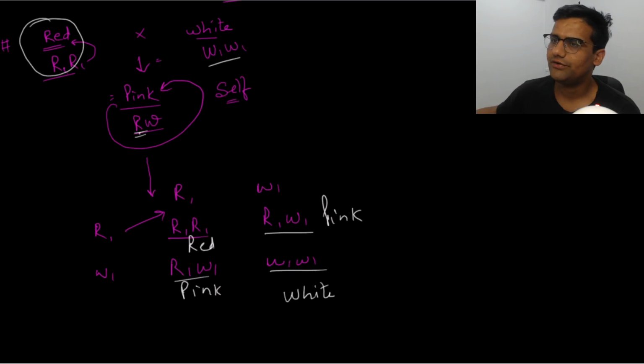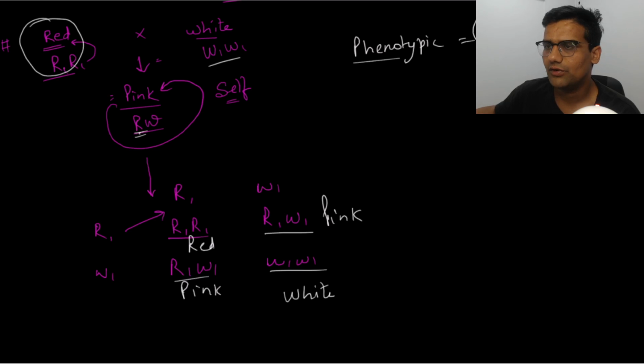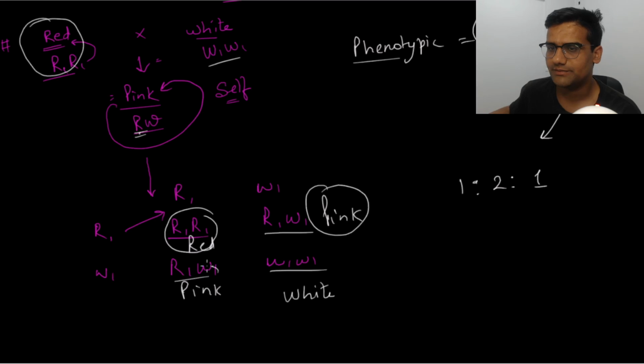The normal phenotypic ratio of F2 generation according to Mendel was 3:1. But the normal ratio of 3:1 is changed to 1:2:1, because one of them is red, two of them are pink, and one of them is white.